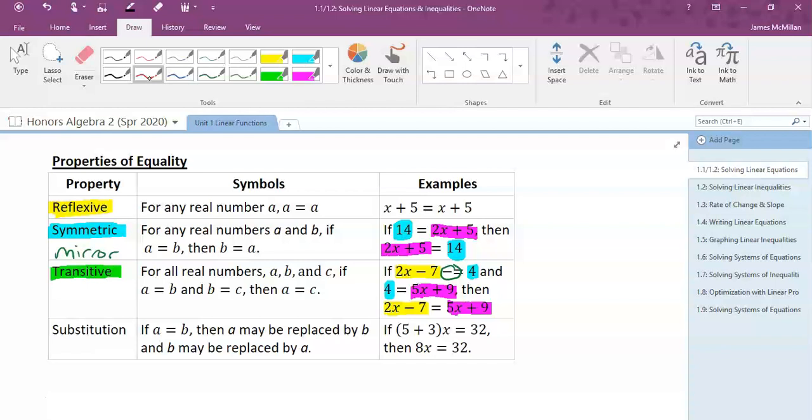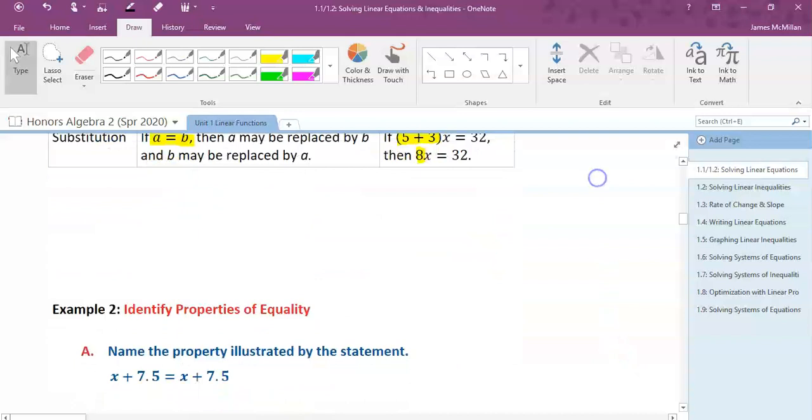And so when we think about this with equations, if I've got 2 separate statements that are equivalent, we can replace one with the other. And so if A is equal to B, then I can replace it anywhere in the statement. In a simple example here, if I've got 5 plus 3, well, we know that 5 plus 3 is equal to 8, so we replace it with the 8 there. So those are the 4 properties we're going to look at in the next examples.